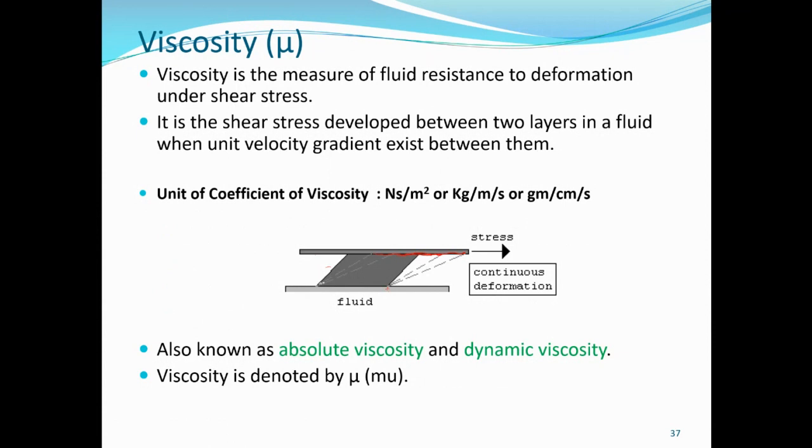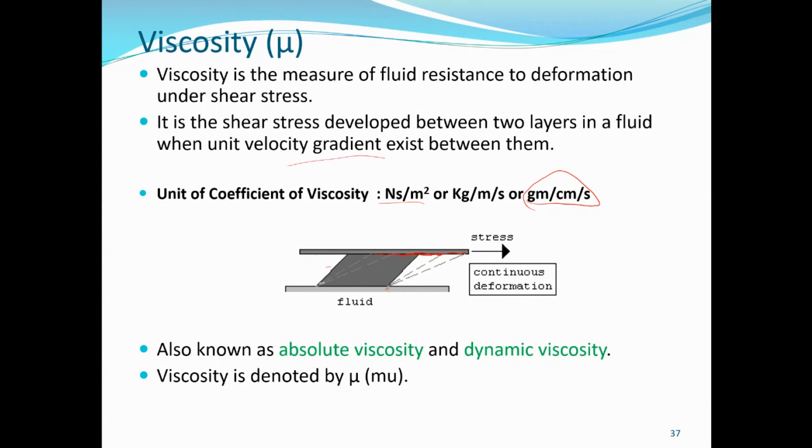This last one is not the SI unit, but Newton second per meter square is. Here the shear stress is developed between two layers in a fluid when a unit velocity gradient exists. I will explain what velocity gradient is in the following slide.